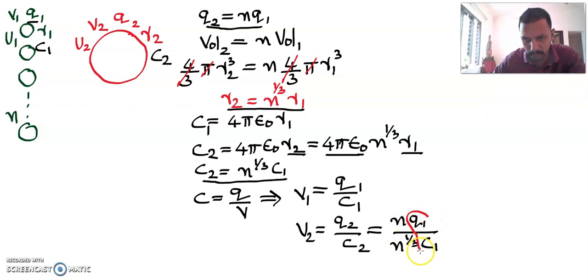What is this? Q1 by C1. Q1 by C1 is V1. What's n divided by n raised to 1 by 3? n divided by n raised to 1 by 3 is n raised to 1 minus 1 by 3, which means n raised to 2 by 3. Q1 by C1 is V1. Clear? Therefore, we get a relation with potential: V2 is equal to n raised to 2 by 3 V1. Is that clear?